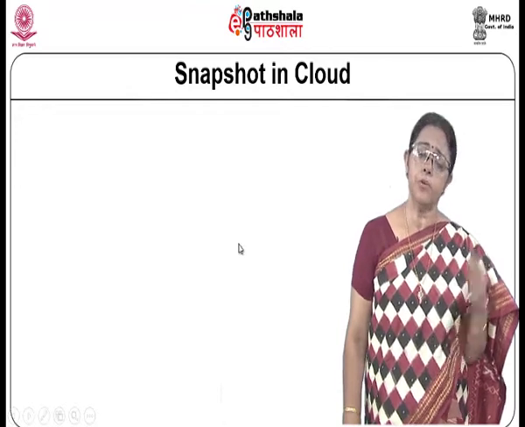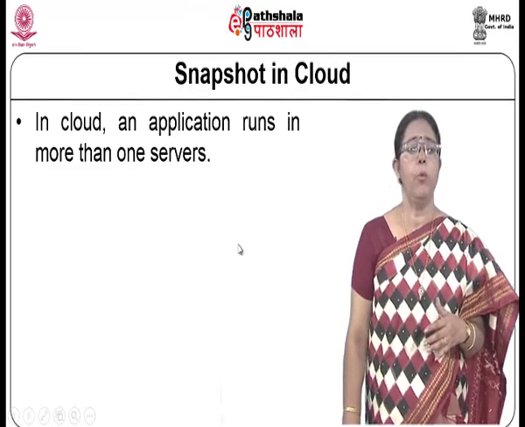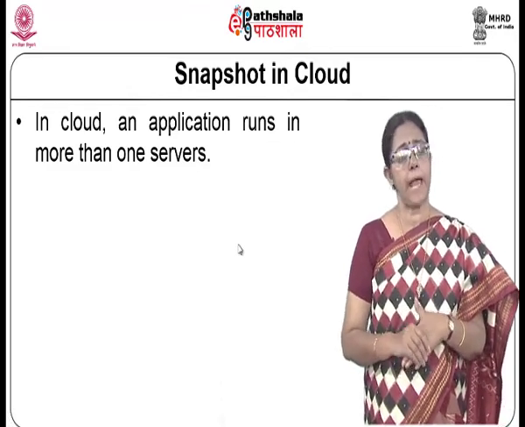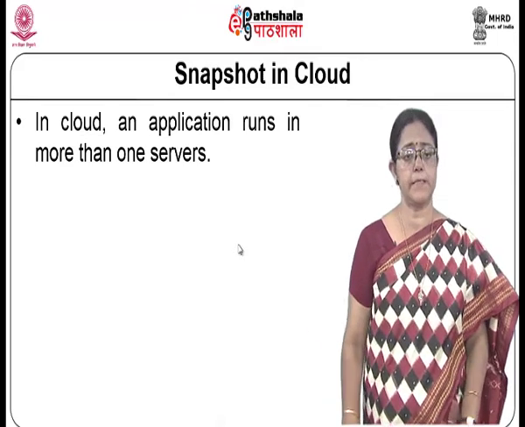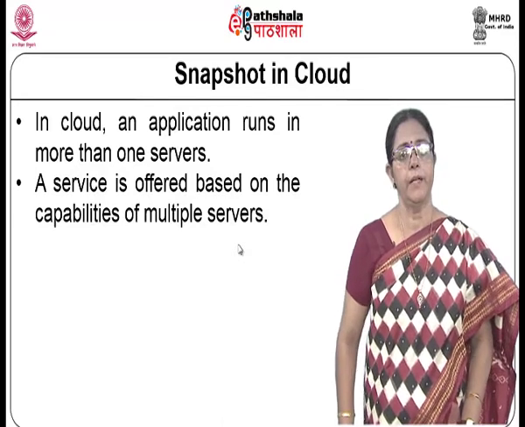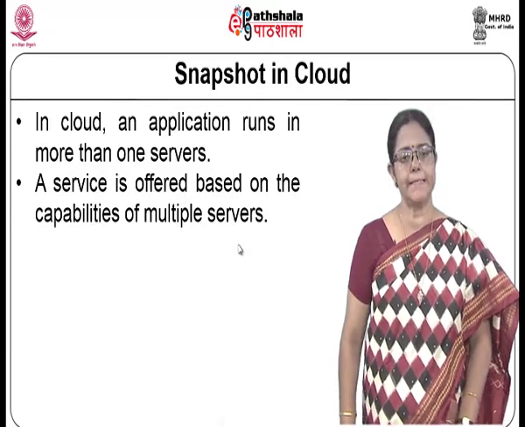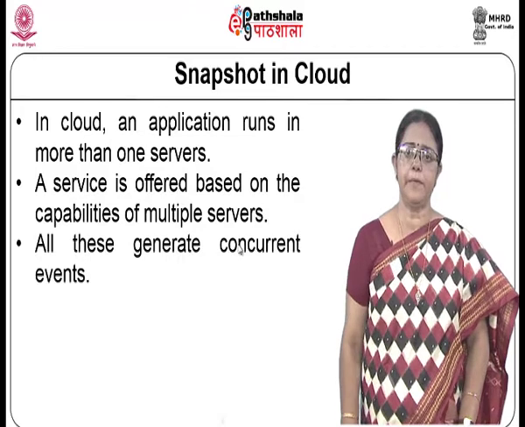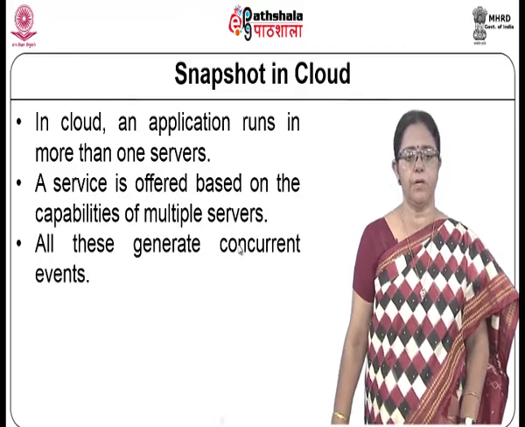To be more precise, in cloud we have the applications running in different data centers and different servers. We have services that are being offered from different data centers, and therefore multiple geographical locations.